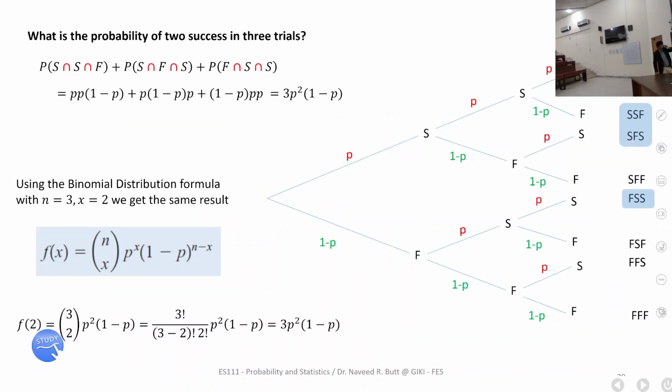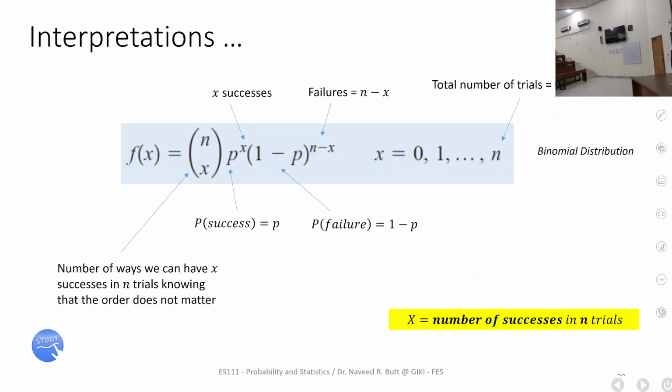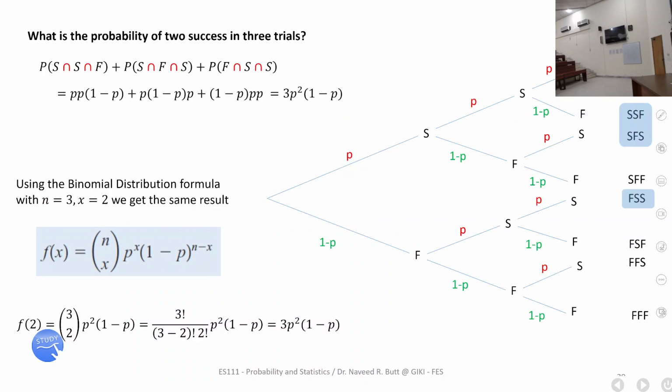Let's apply it here. Remember this, you just found 3p square q, no? So I just replaced q by 1 minus p every time, so it links with the formula. And left I replaced with success, failure, and so on. Now, notice.